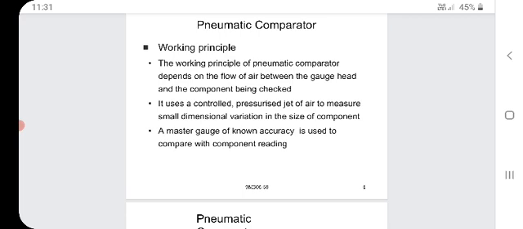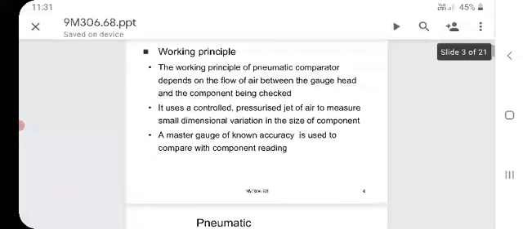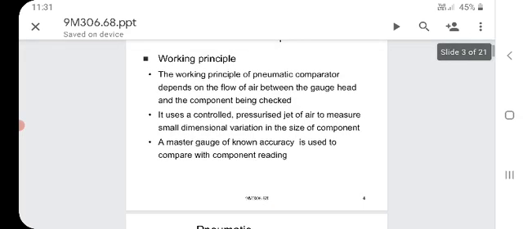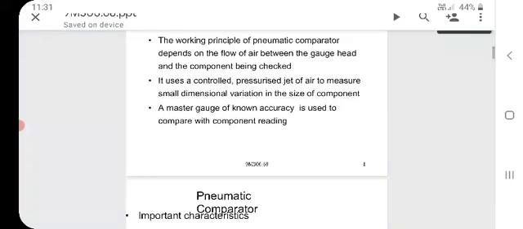It uses a controlled pressurized jet of air to measure small dimensional variation in the size of the component. A master gauge of known accuracy is used to compare with the component reading.